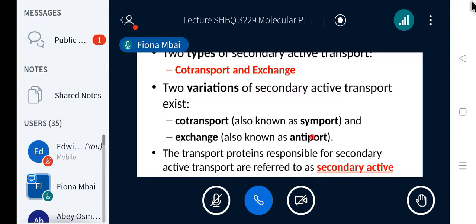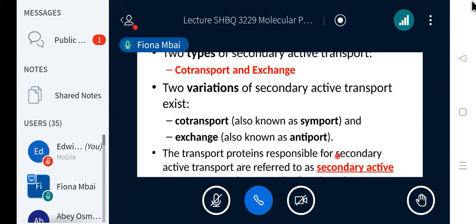And these terms are used interchangeably sometimes. That's why I needed you to learn how to define these. And by now you should know what antiport is. The picture should come in your brain, and symport should come in your brain. That's why I started by that.